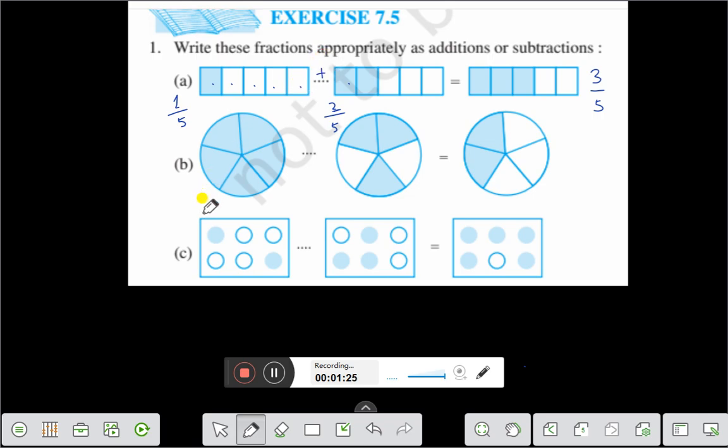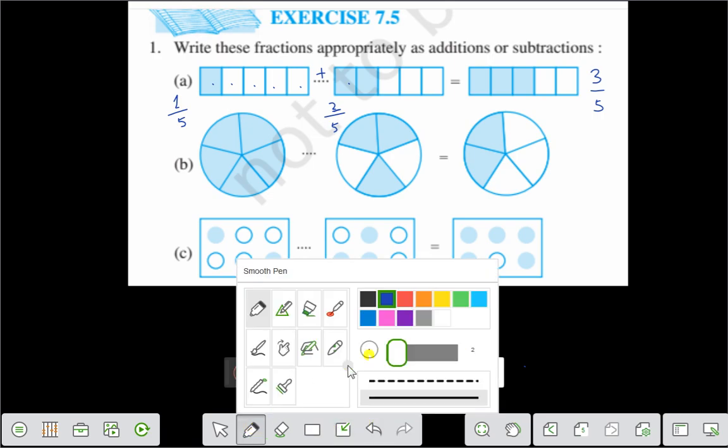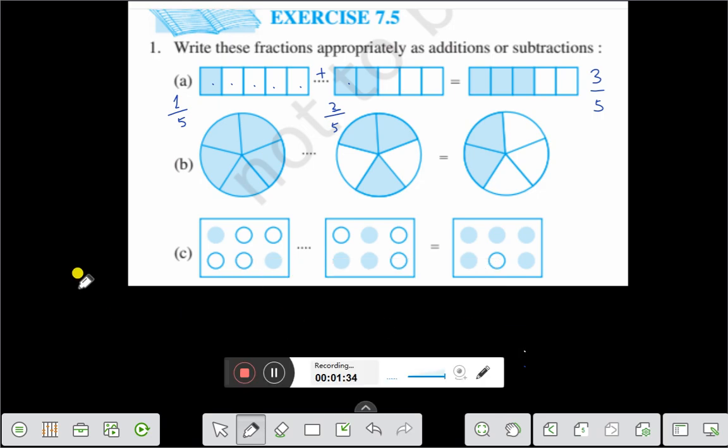Here we can show the addition. For question A, we are adding 1 by 5 plus 2 by 5.